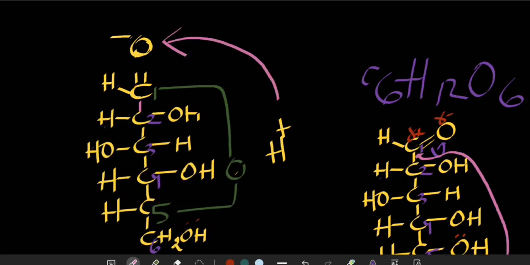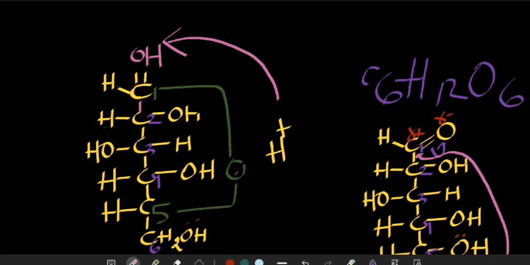It'll try to attack this oxygen, and then they are going to form bonds. Now this hydrogen will come over here, and it's going to make O and then H, right? OH.